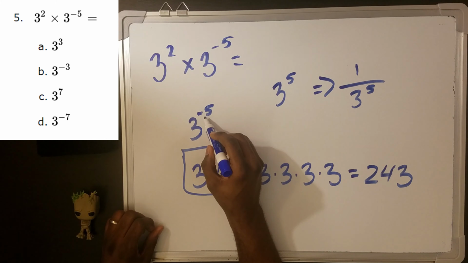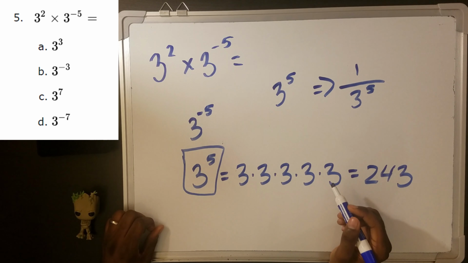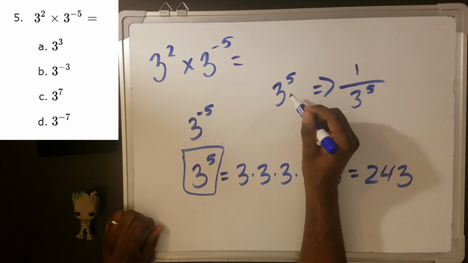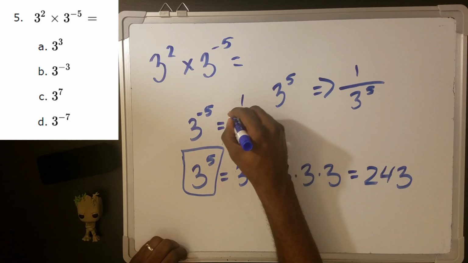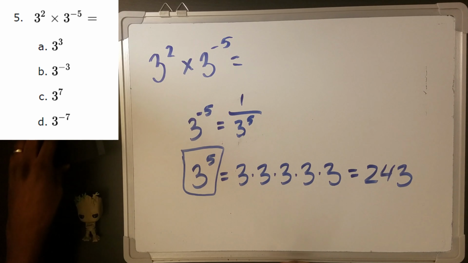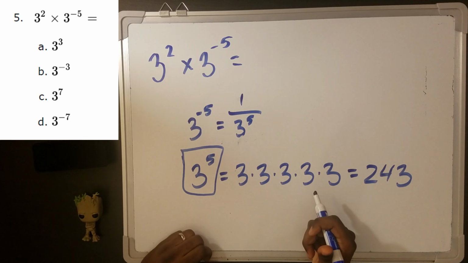So the negative exponent pretty much creates the reciprocal of the positive exponent. So this is just 1 over 3 to the 5th power.